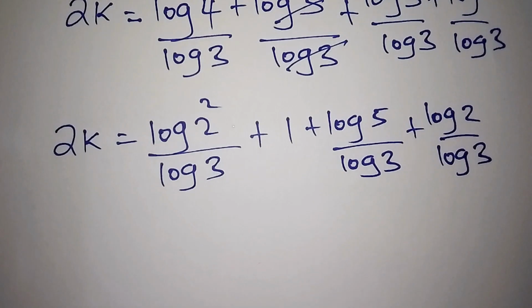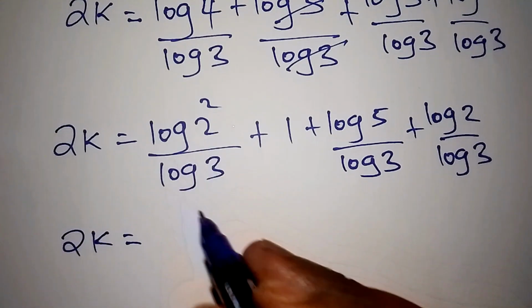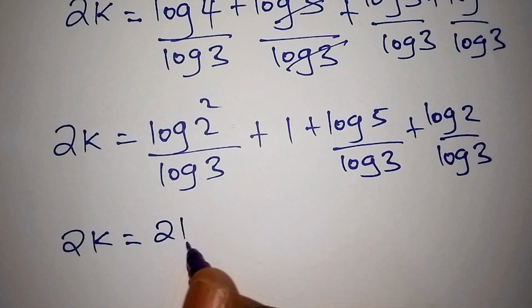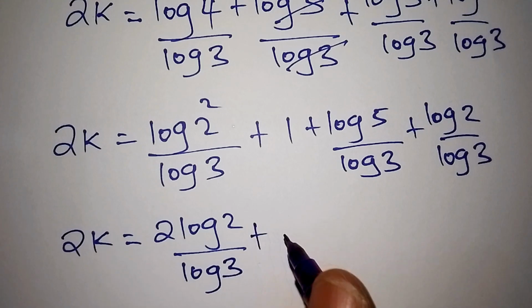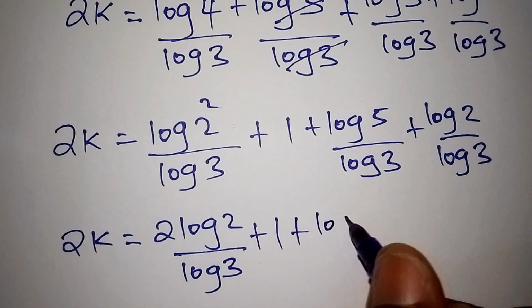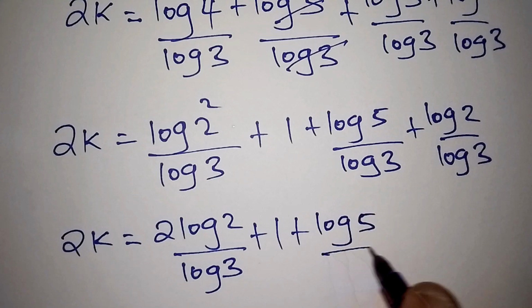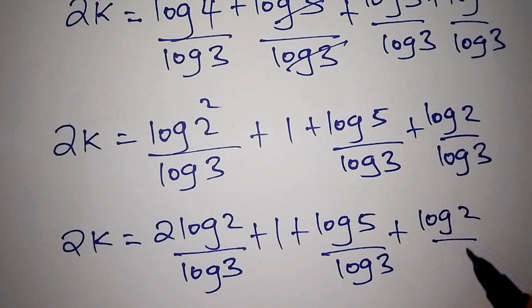We also have 2k equals the log of 2 to the power of 2, written as 2 times the log of 2, all over the log of 3, plus 1, plus the log of 5 all over the log of 3, plus log 2 all over the log of 3.